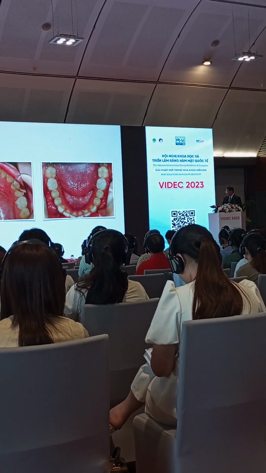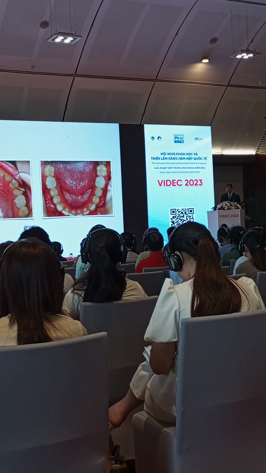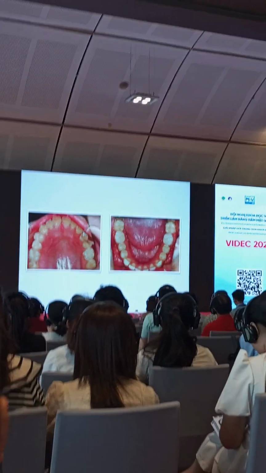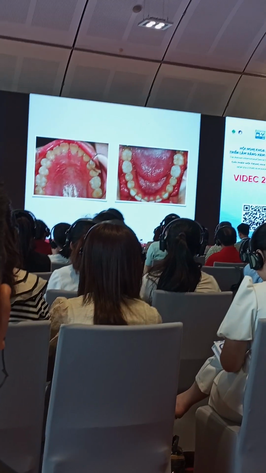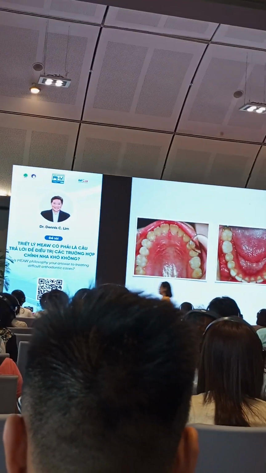The diastema can give us an advantage in class 3 cases because it helps us do a little bit of retraction. Then you don't need to move the mandible more backward, because you already reduce the underbite of the patient.